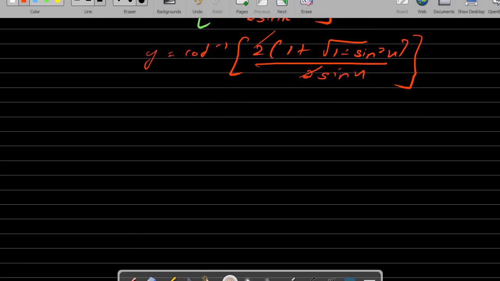So now what we are left with, you can see y is equal to cot inverse 1 plus under root 1 minus sine square x upon sine x.